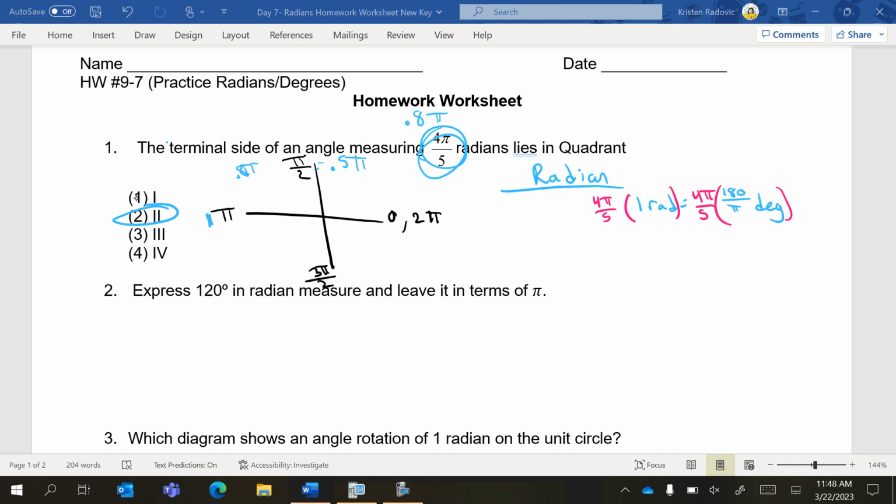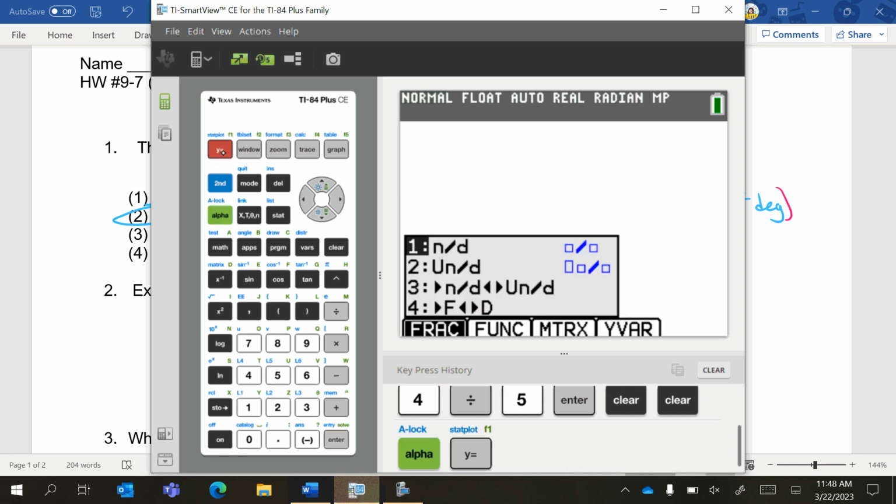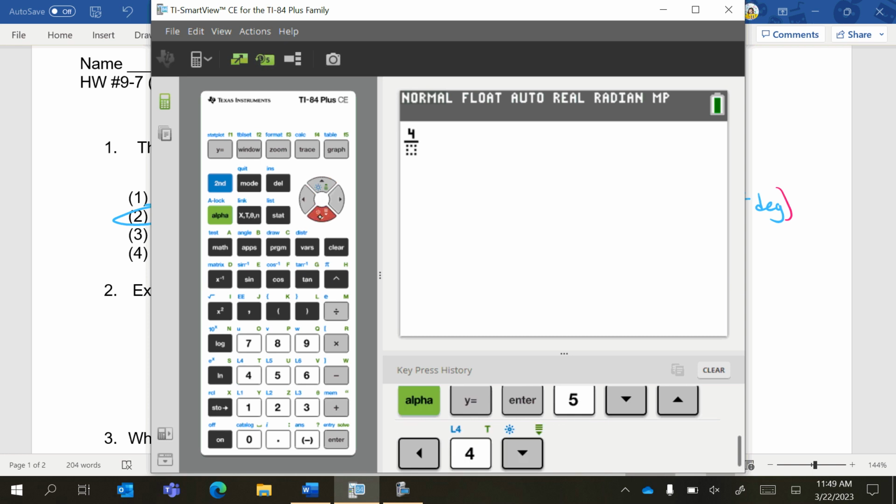Because what you do to one side, you have to do to the other as well. On the left side, 4 pi over 5 times 1 is just 4 pi over 5. On the right side, your pi's cancel out because you have a pi in the numerator and a pi in the denominator. So in your calculator, you're left with, put it in as a fraction, 4 over 5 times 180.